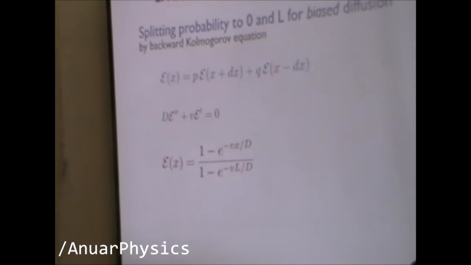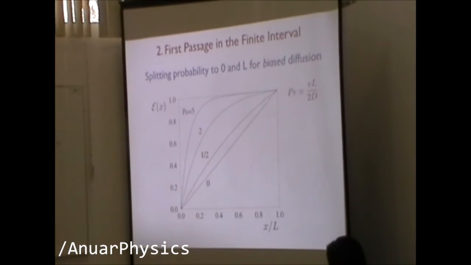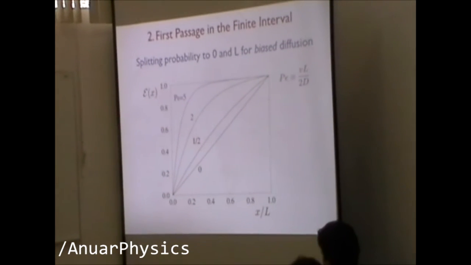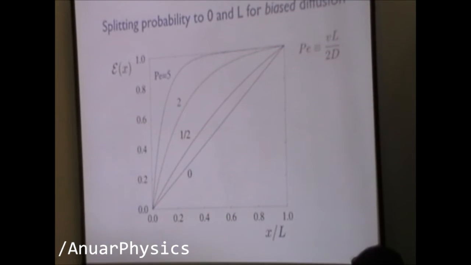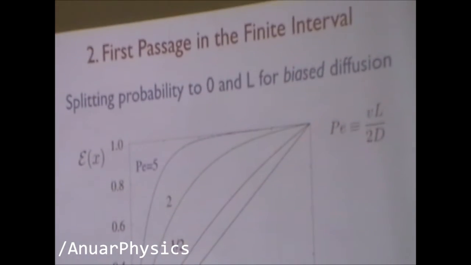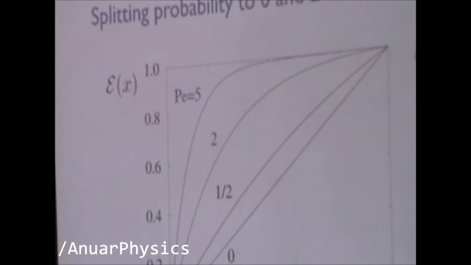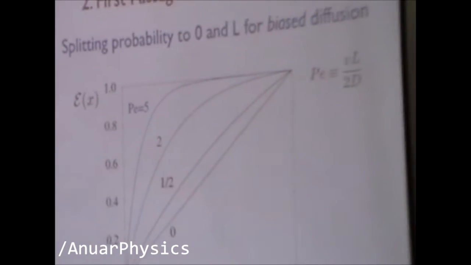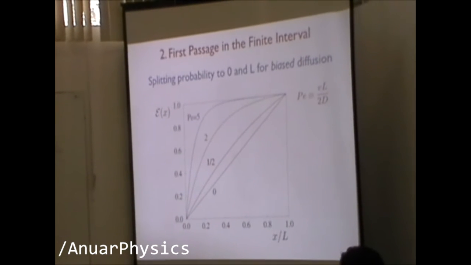Let me now graph this so you get a feeling of what's going on. What I'm showing here is the exit probability as a function of the initial position, x divided by L. In the case where there is no bias, you get this straight line behavior, x over L. And it turns out that it's much more convenient to represent things with the natural dimensionless parameter of the problem, a dimensionless ratio of bias to diffusion.